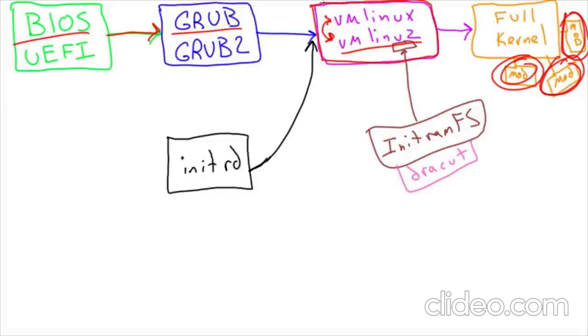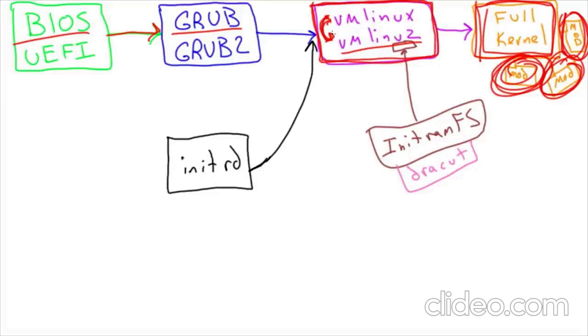And so we have this stripped down kernel that has just enough stuff to make sure that we can mount the file system so that it can have access to all of its modules and then become the full running kernel on our system. There's a few problems. What if all the modules here are on a file system that this stripped down kernel doesn't know how to mount, right?